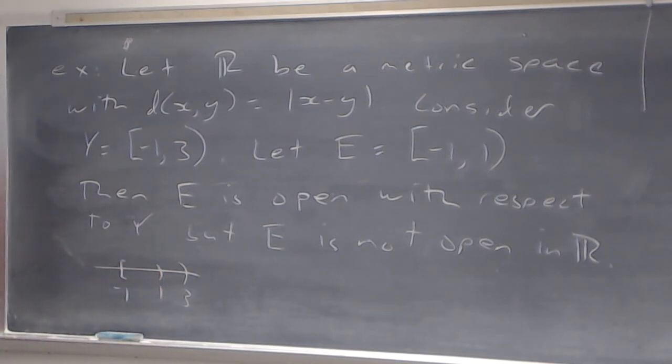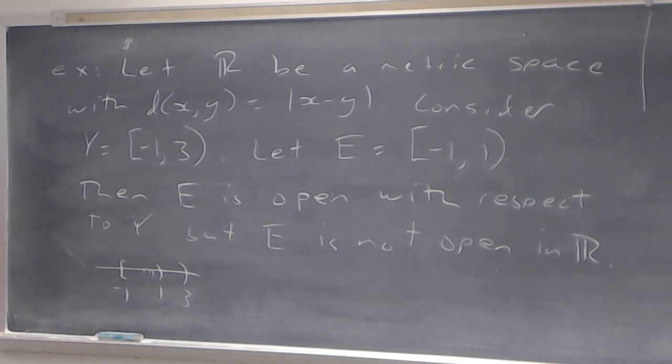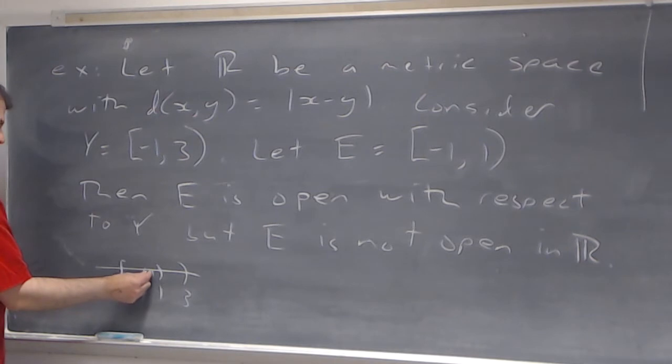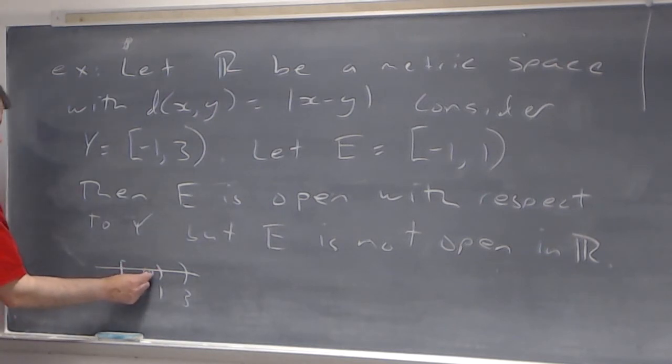Then if you give me any point in E, there exists a radius such that any point in that neighborhood that's also in Y will be in E. But what happens for -1?